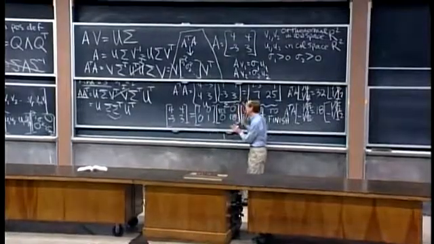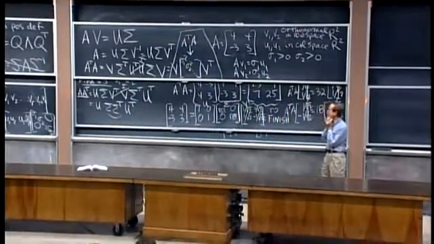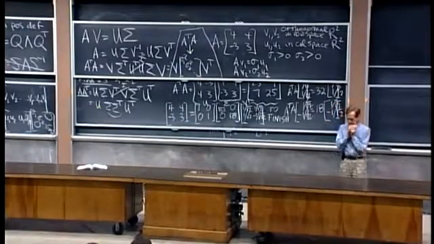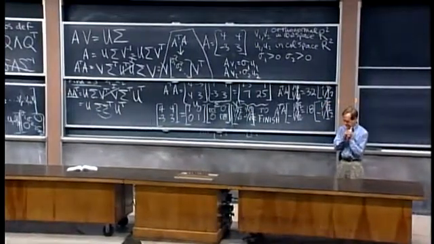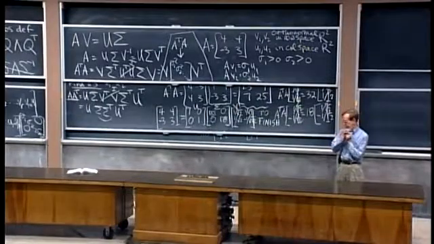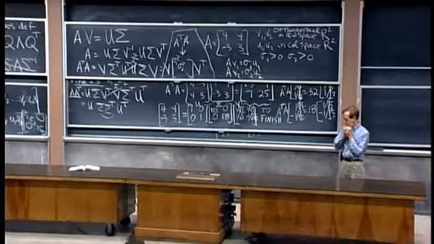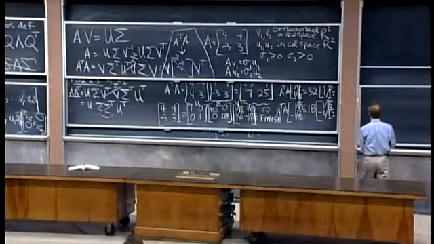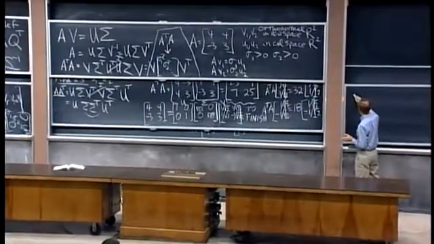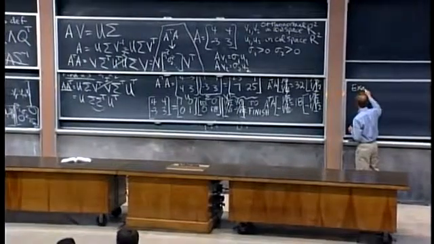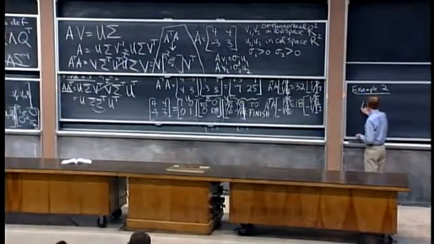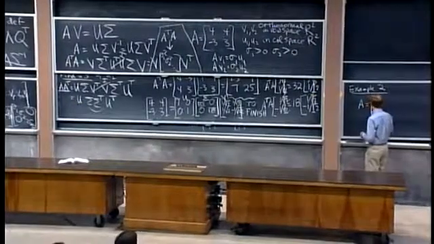Let me not do it, though, yet. Let me take a second example, where the matrix is singular. So rank 1. Okay. So let me take as example 2, where my matrix A is going to be rectangular again.